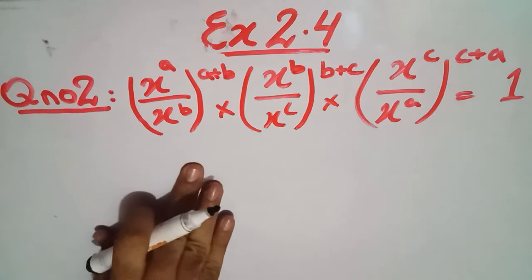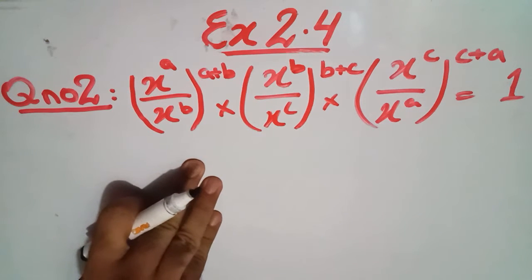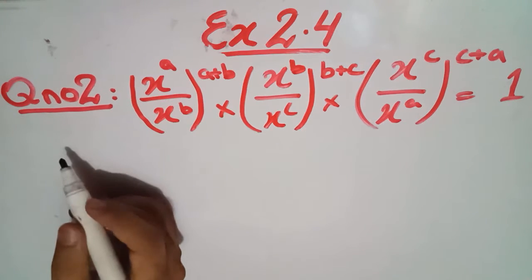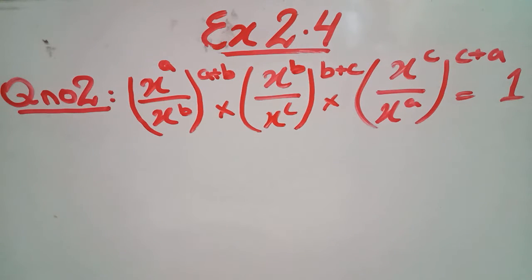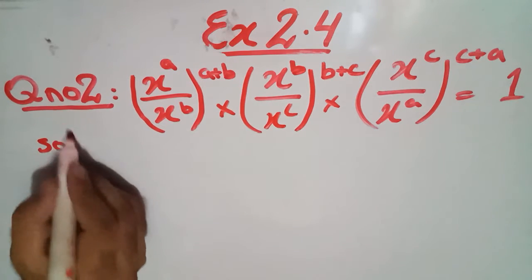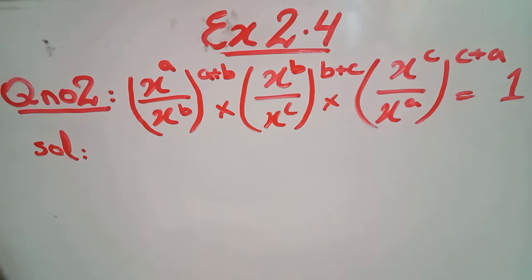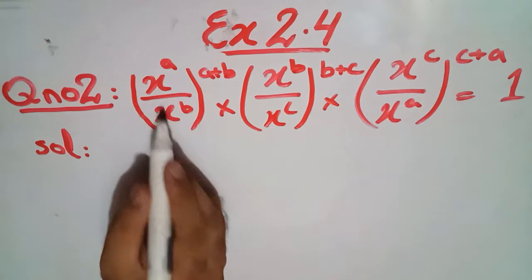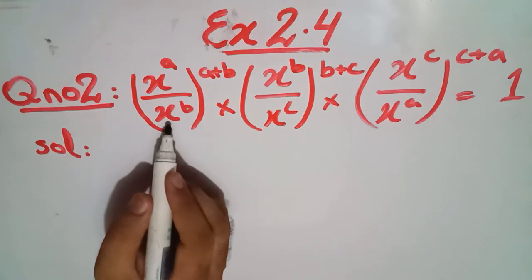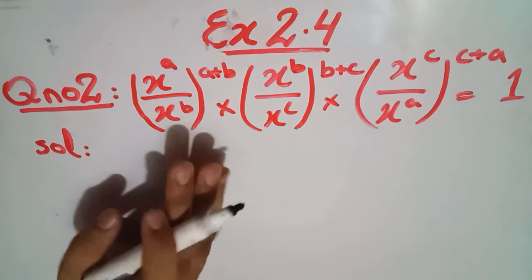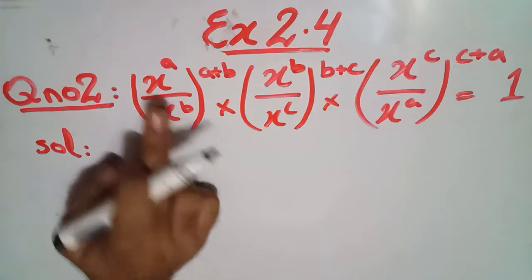First of all, you will simplify it. आप पहले से simplify कर लें। कैसे देखिए। Okay, let me start the solution. I will start my solution here. Now first of all, both these variables which are x have the same base, so it is also x, it is also x.